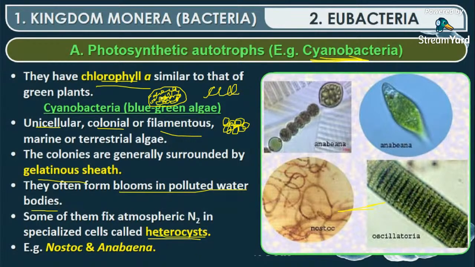For example, if you buy a packet of pens, the individual pens are the individual cyanobacteria, and the cover holding those pens is the gelatinous sheath. This is the very basic explanation.